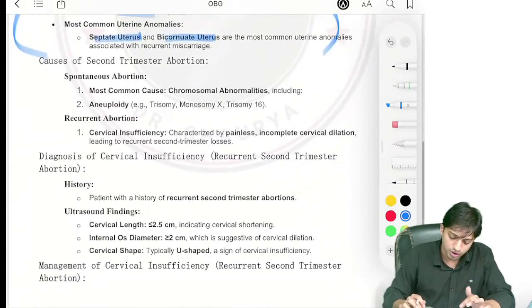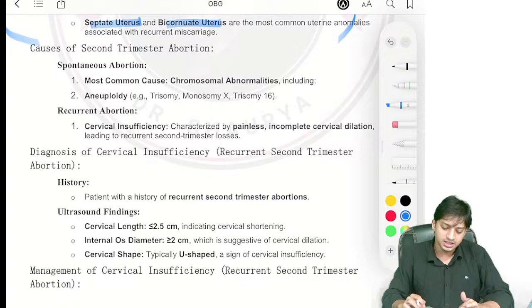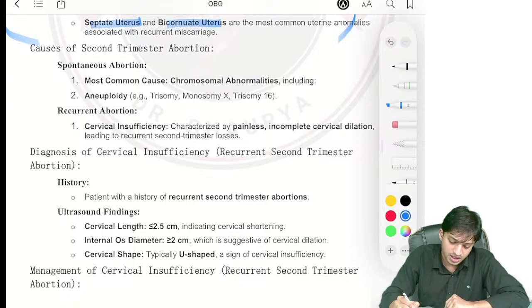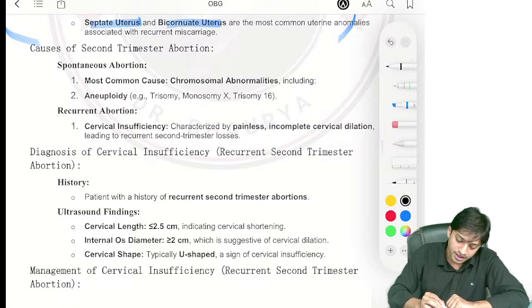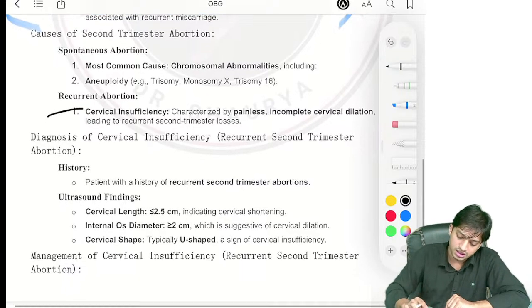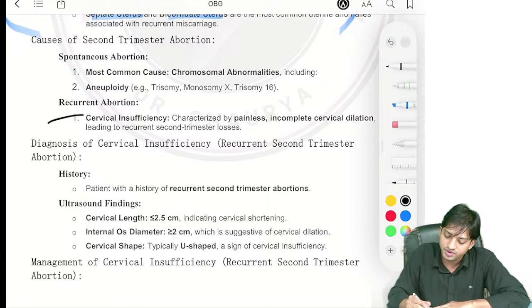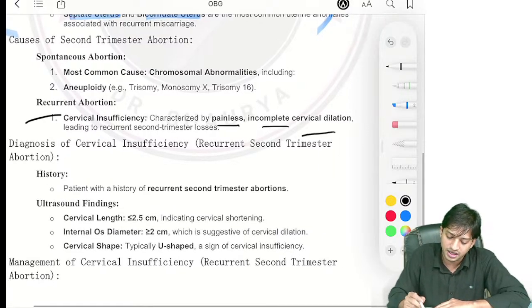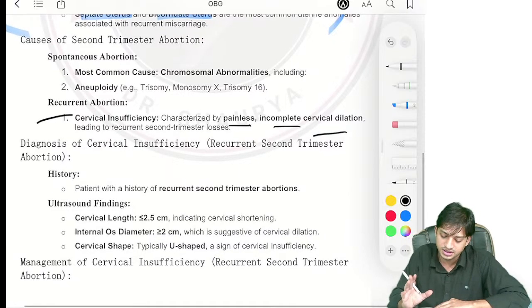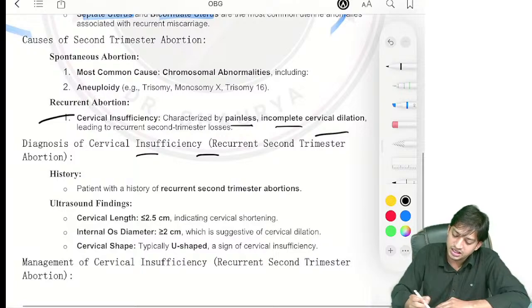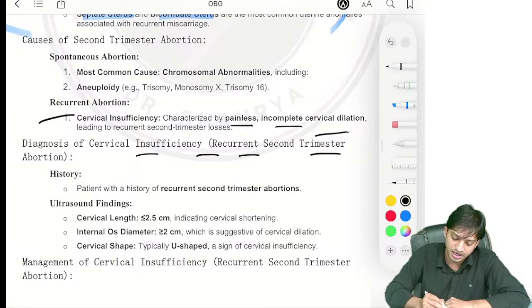The next topic that we are going to discuss is second trimester abortion. Spontaneous abortion we have discussed, and recurrent abortion we have discussed, right? Cervical insufficiency is one of the major causes, characterized by painless incomplete cervical dilatation leading to recurrent second trimester losses, right? Now, diagnosis of cervical insufficiency: in recurrent second trimester abortion, what will you see, guys?